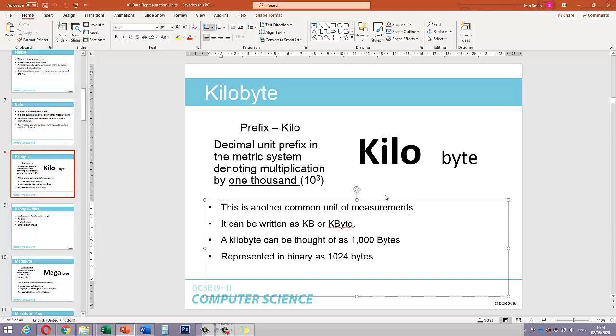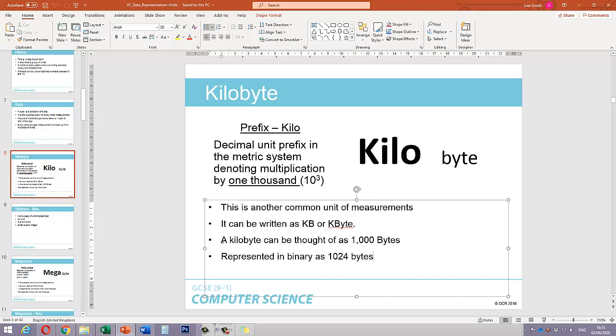So bytes is the previous unit of measure, and that is typical all the way through. The previous unit of measure is normally 1,000 going to a kilobyte. The next one from this would be a megabyte, so there would be 1,000 kilobytes in 1 megabyte. It's the same process going through.